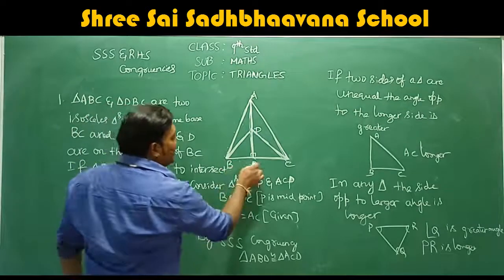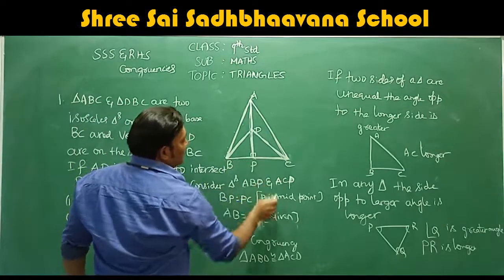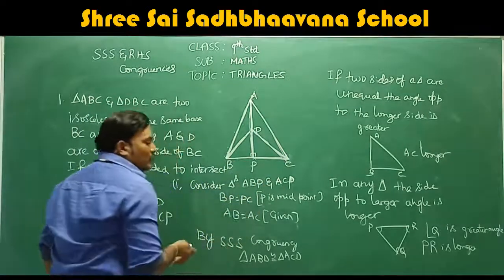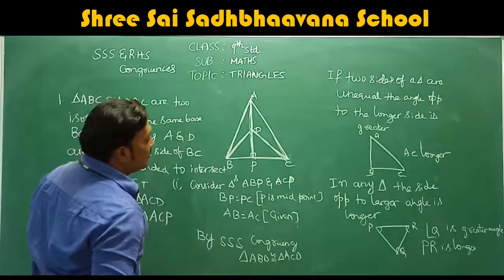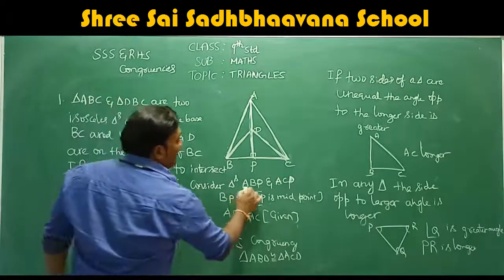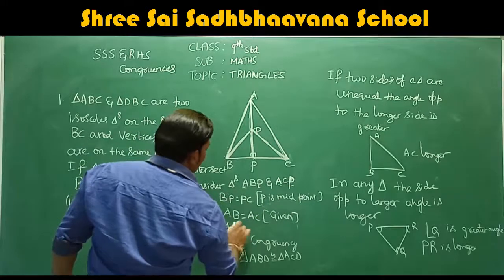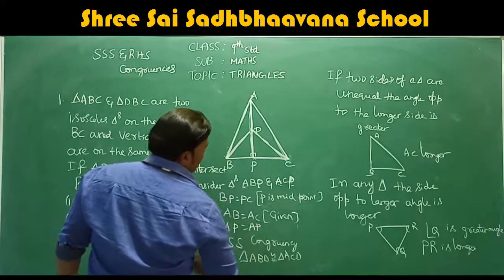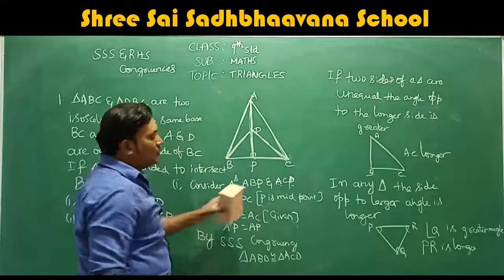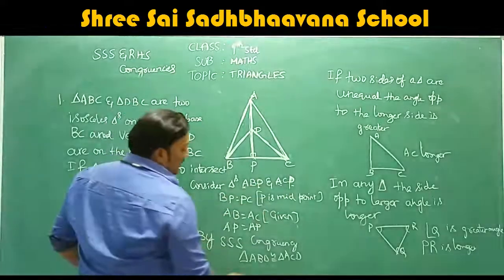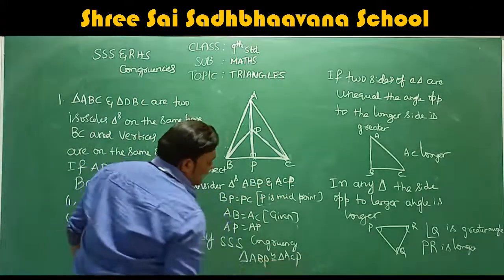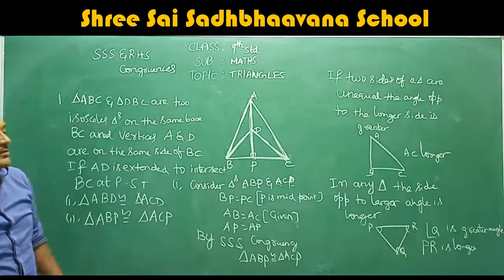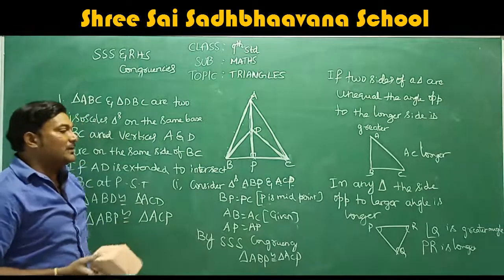So if P is the midpoint, BP and PC should be equal. And one more thing you observe, AP is the common side between both the triangles. So by SSS congruency, we can say that triangle ABP is congruent to triangle ACP.